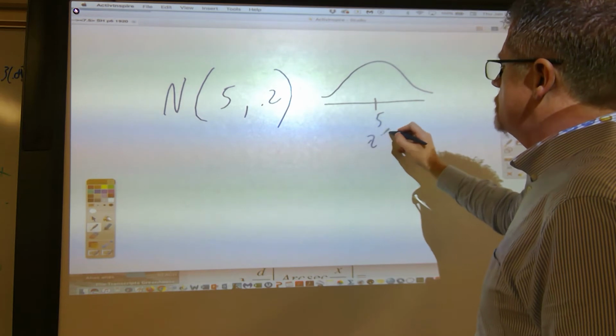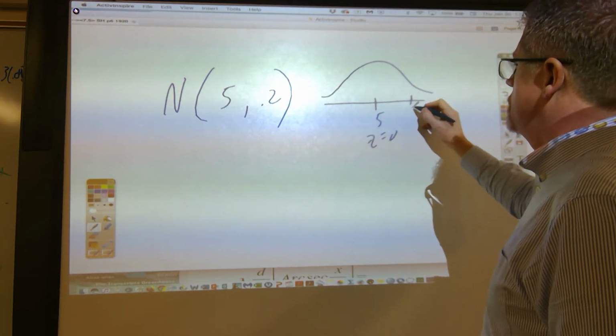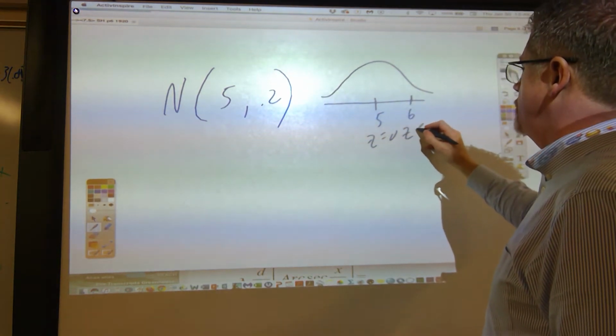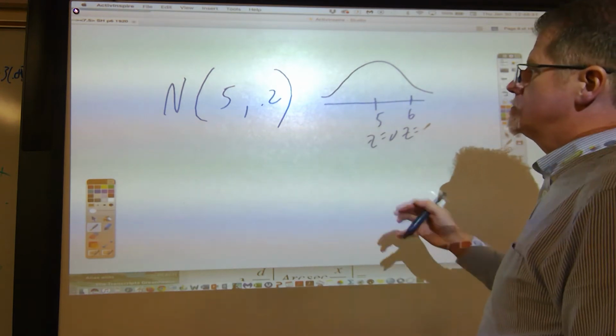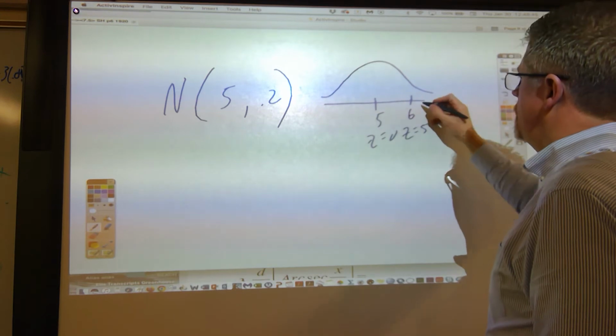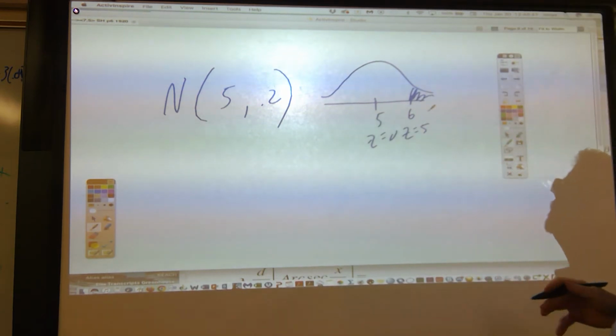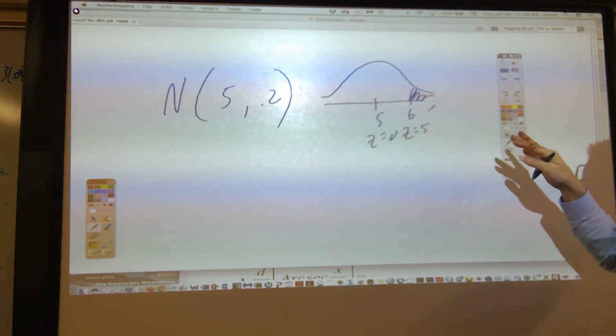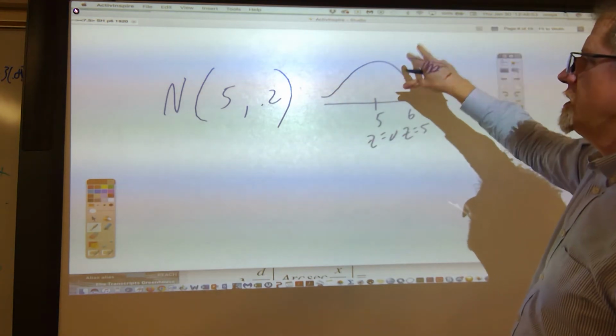A 5 would get a z-score of 0, 6 might have a z-score of 1 divided by 0.2, which is 5. And so we could find the area under the curve. So usually the graphical representation of a normal model looks like this.